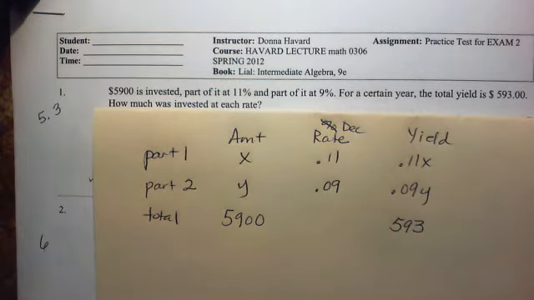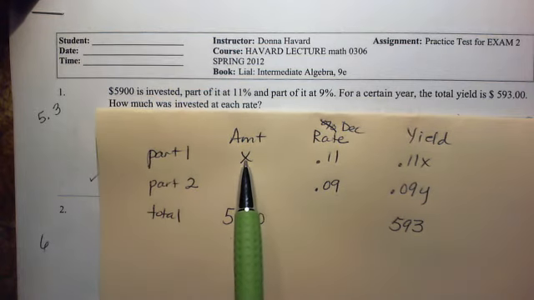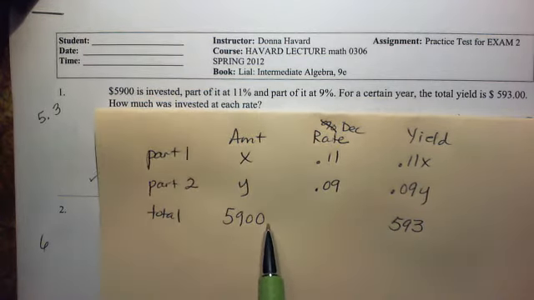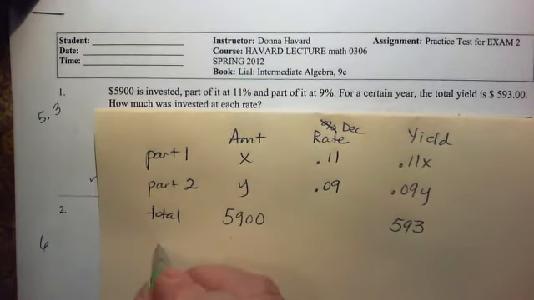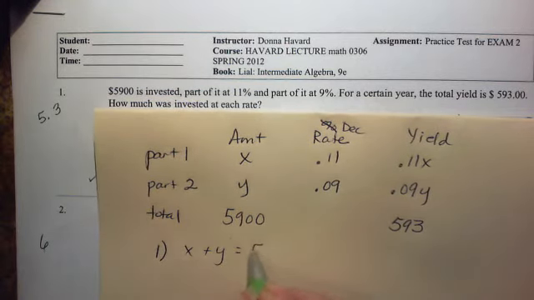Now we need to look through our information and see if we can come up with equations. It looks like all the rows are filled in here for amount. Does the first part and the second part add together for the total? I believe that's one equation. So we would write equation 1 as x plus y is equal to 5,900.